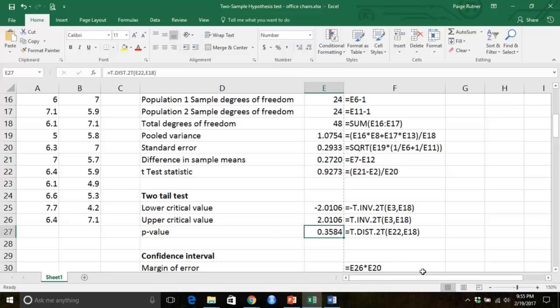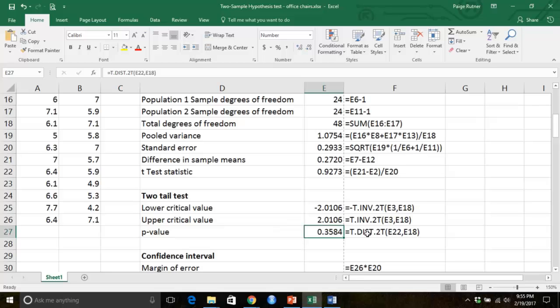And so what that tells us is it's actually pretty likely that we could get a difference that's just over a quarter of a minute if in fact assembly times are equal. 35% chance that we could get a result at least that extreme.